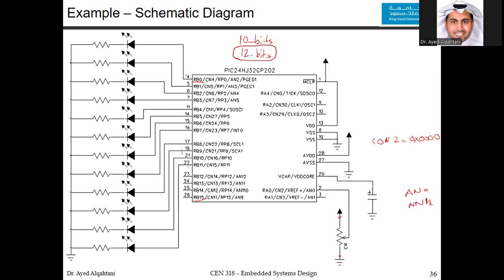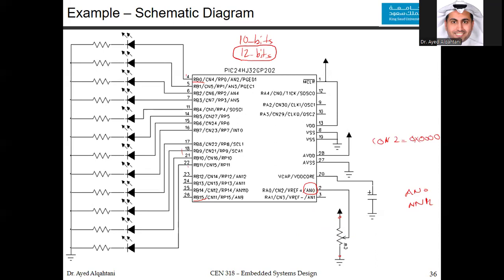These are the choices that you have. Again, 6, 7, and 8 are not available. We chose AN0. After we did the interface, the only new thing here is that we specified the analog input, and that's it.